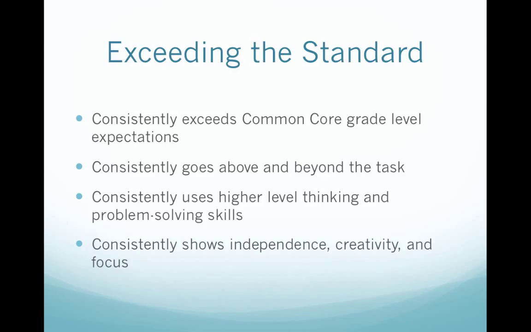Let's first look at E, or exceeding the standard. In order to achieve an E on a standard, a child would have gone above and beyond what the particular standard is asking them to do, and they would have done this consistently over time. If you think about the example of a child being given the baking ingredients to make a cupcake, and the standard we are assessing is their ability to make cupcakes.